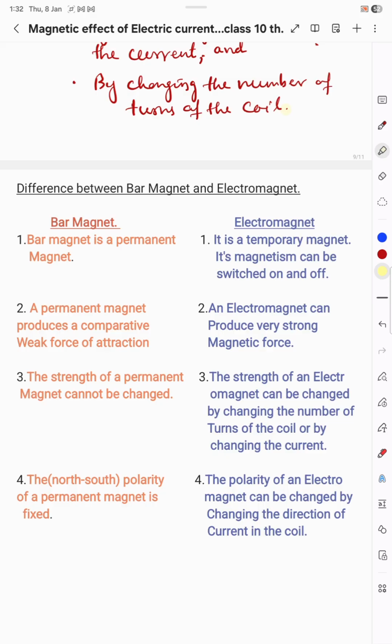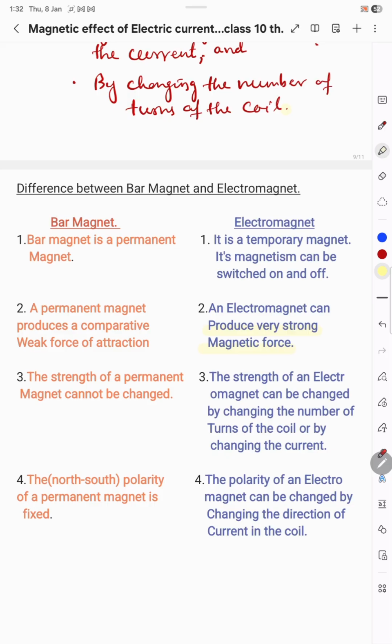Now a permanent magnet produces a comparatively weak force of attraction. That is because the gap between the poles is very high compared to a U-shaped magnet. An electromagnet can produce a very strong magnetic force, we know that.